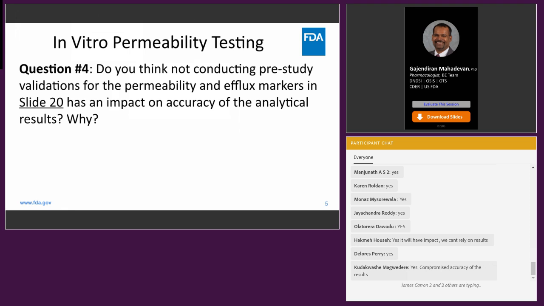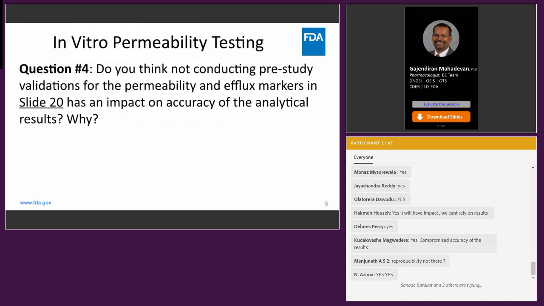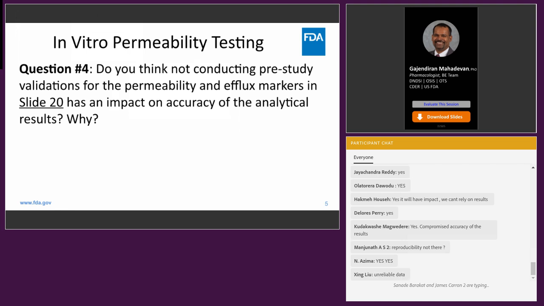The method was only validated for drug Y. As in the presentations yesterday, methods should be validated for all the analytes. So it is very important. Yes, it compromises the accuracy of the results. Exactly.